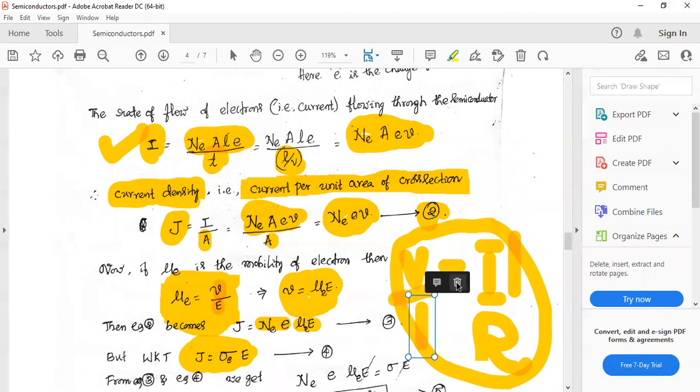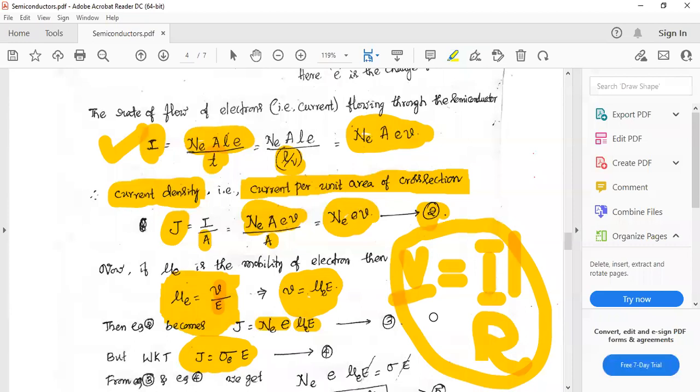I will show you in the offline class how I can obtain J is equal to sigma E from V is equal to IR. I just divide the left hand side by area and multiply the right hand side with length and again divide by area. Then I will get J is equal to sigma into E.